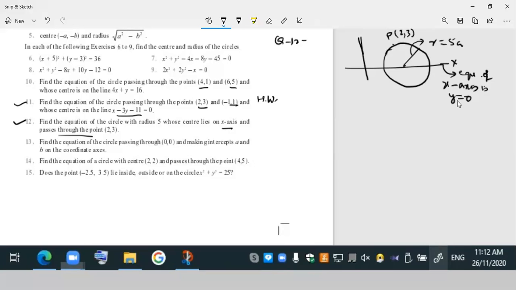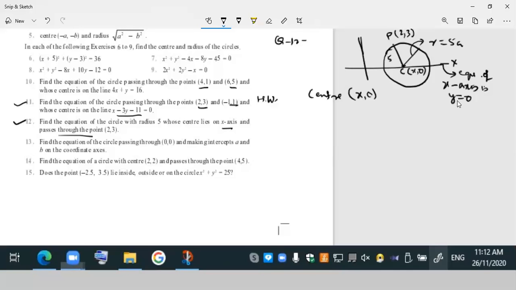So any point on x-axis we can do by the first way also, but this is easier. On x-axis the y coordinate is 0, so we can take the center as x, 0. Then there is no need of this equation. And this distance is the radius, 5 centimeters.